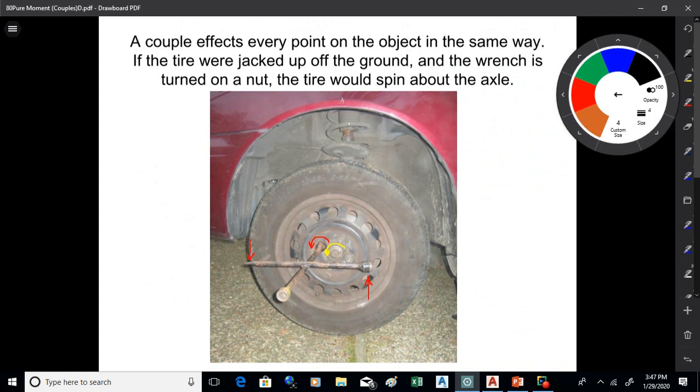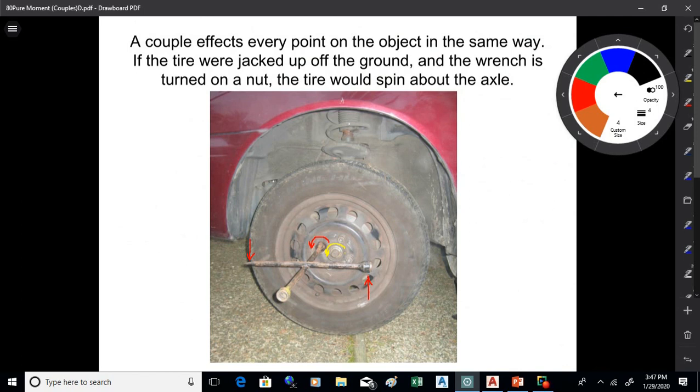Now the couple, there's a few things about couples to kind of understand. The first thing is that it affects every point on the object equally. So let's say I've got a car, a front wheel drive car, and I'm on that rear wheel, and I'm going to apply that moment to the jack. Now, you shouldn't do this, but let's say I've got the wheel up in the air, and then I start to turn that wrench.